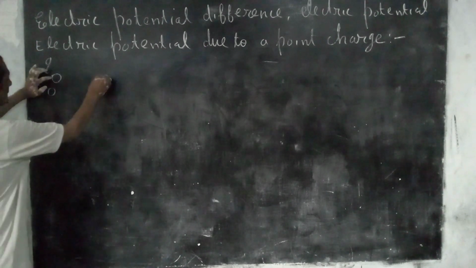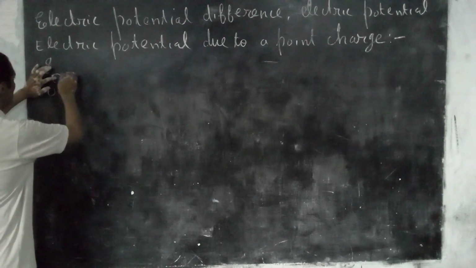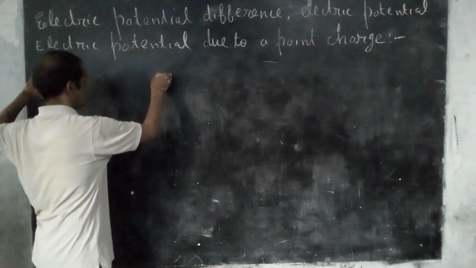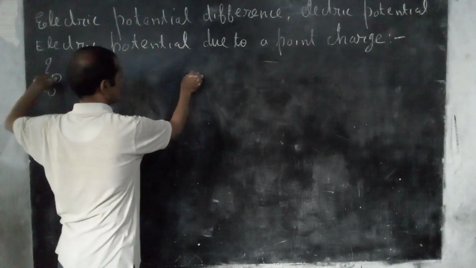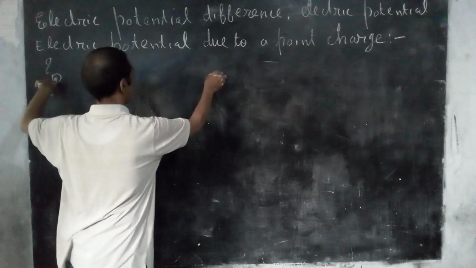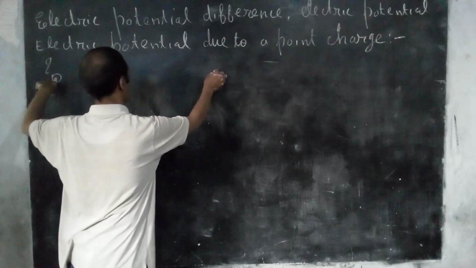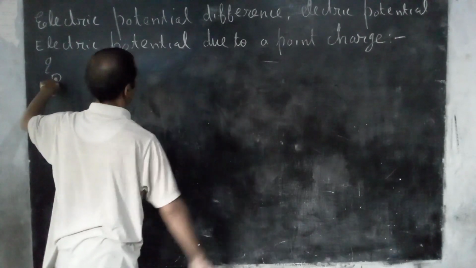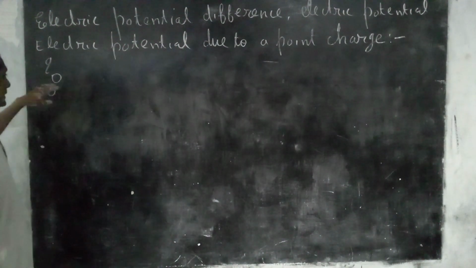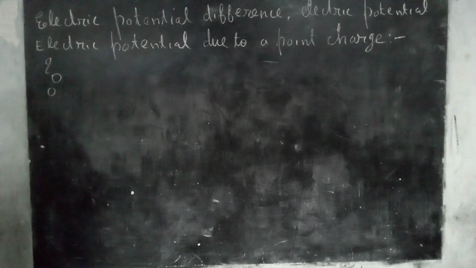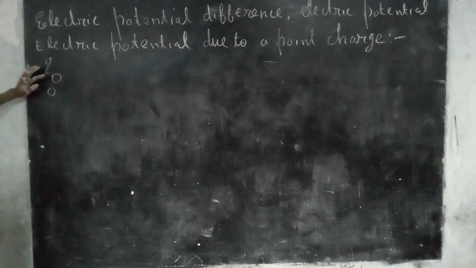When you place the test charge at this point, it is repelled by Q in this direction. When placed at another point, it is repelled in that direction. This force reduces on going away from the charge and becomes zero at a certain point, which is infinity for this charge.